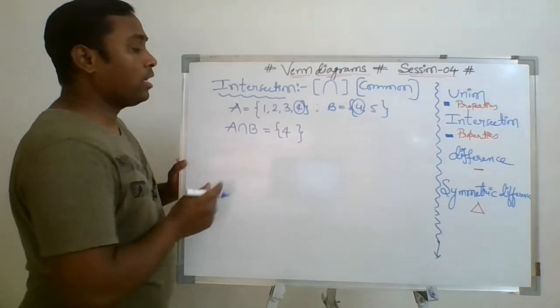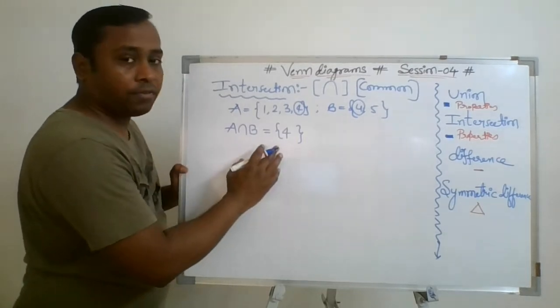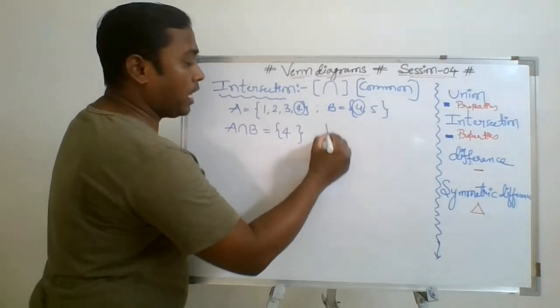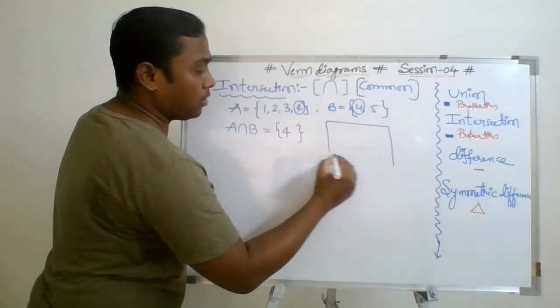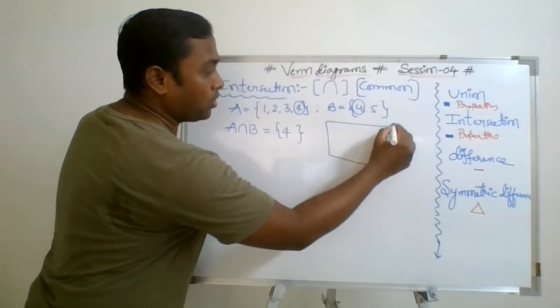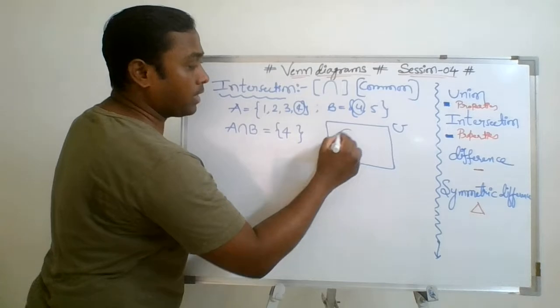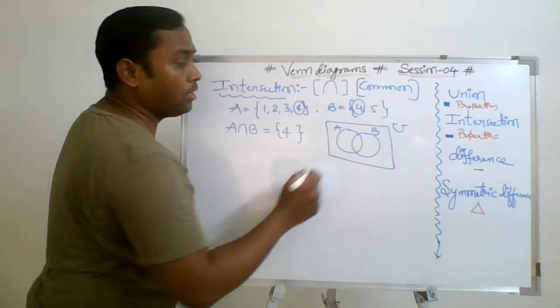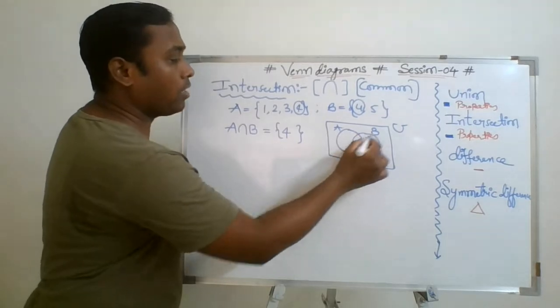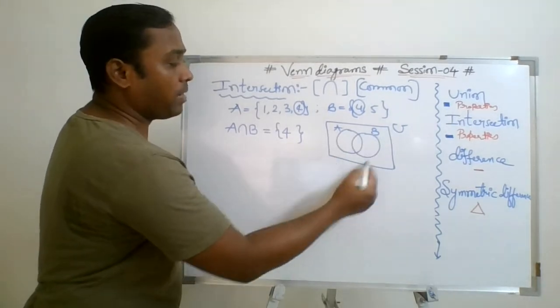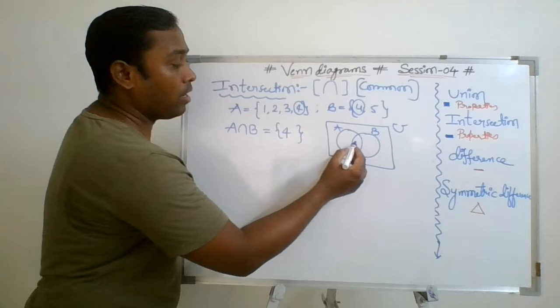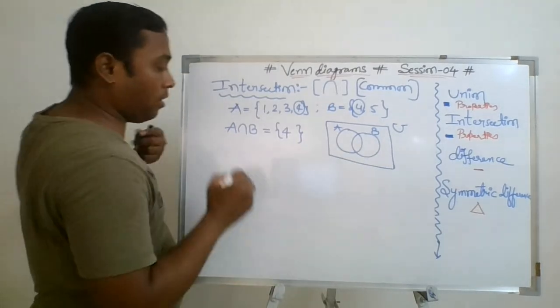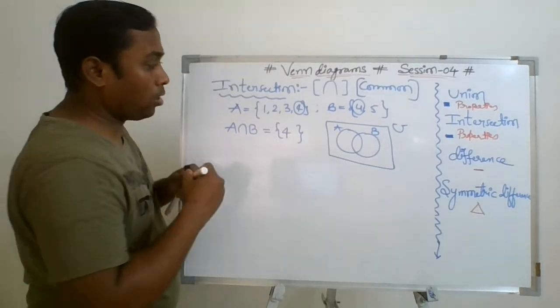Simple. Now with the help of this example, I can show the same sets through a Venn diagram by drawing U as a universal set and two sets A and B. So what I am saying here is, universal set के अंदर मैंने दो set लिया which are overlapping, and 4 is the only element which is common.